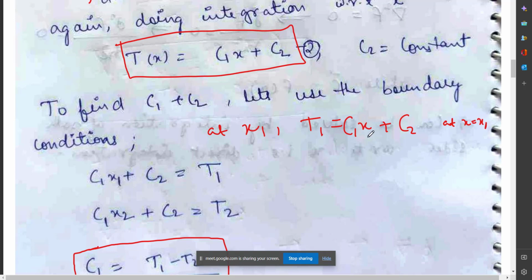So put the value of x equals x1. So this will be T1 equals c1 x1 plus c2. Got it? Okay, madam. Similarly, we are doing for x2 also, x equal to x2. Yes. Okay, madam.